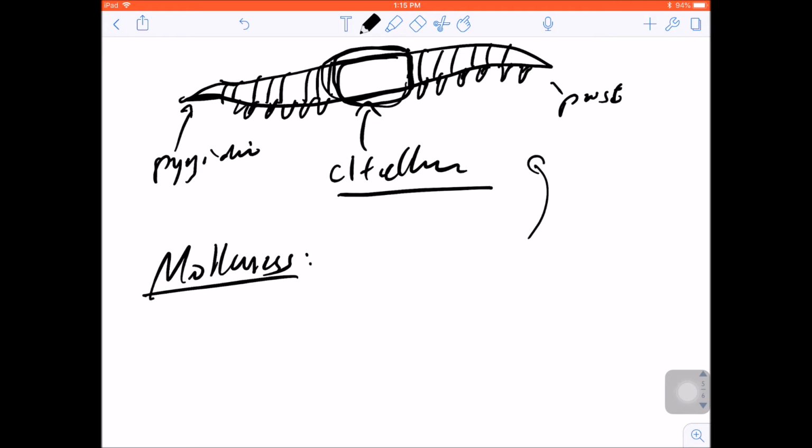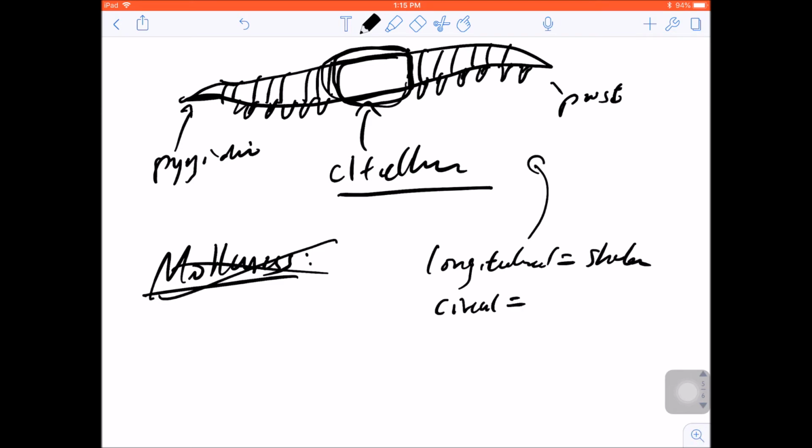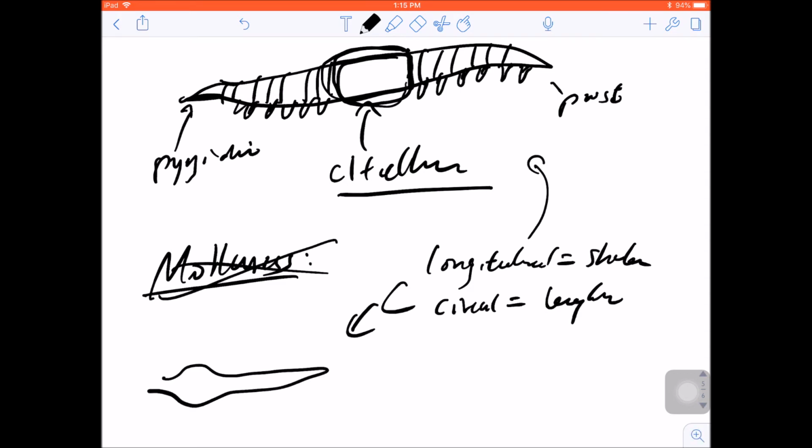Also, remember in the earthworm, sorry, real quick, you have longitudinal muscles and circular muscles. Longitudinal muscles shorten the worm, and circular muscles lengthen the worm. When you put the action of these two muscle groups together, you get this pulsing of the worm through the media itself.